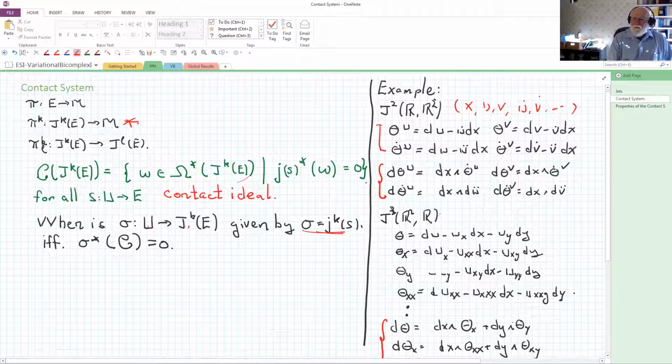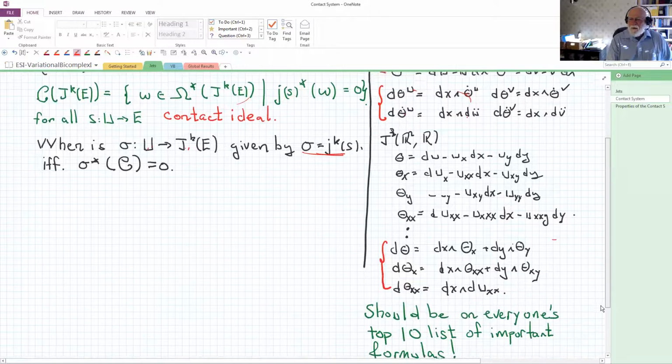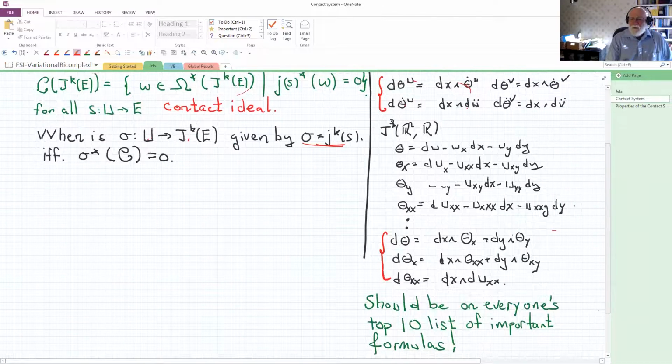The structure equations are as follows. This first contact form differentiates into the next order one. You can easily calculate its exterior derivative; it is not a contact form at this order, but it's dx times the exterior derivative of this. And then on the slide I've got another example.